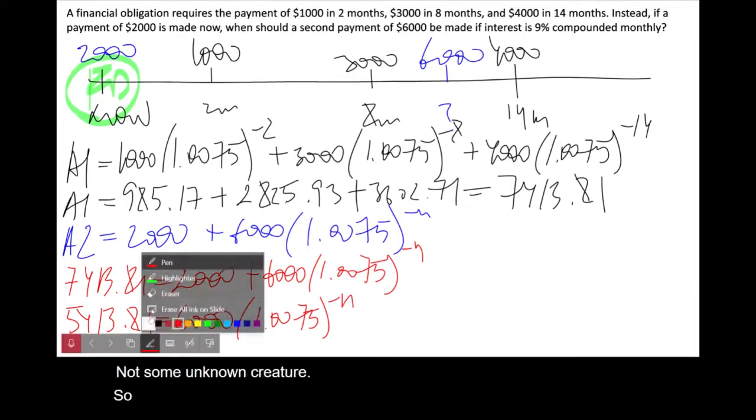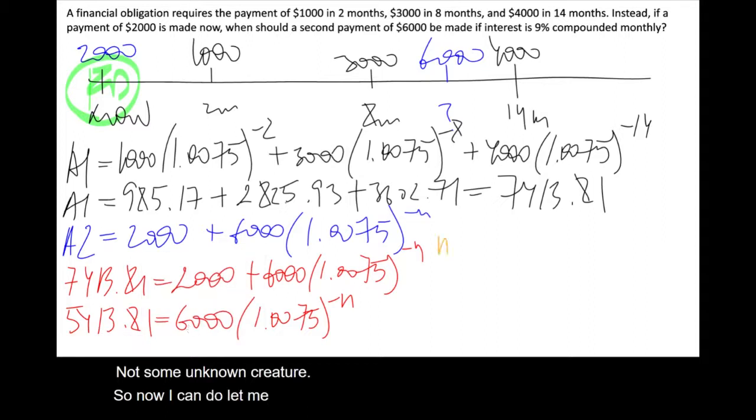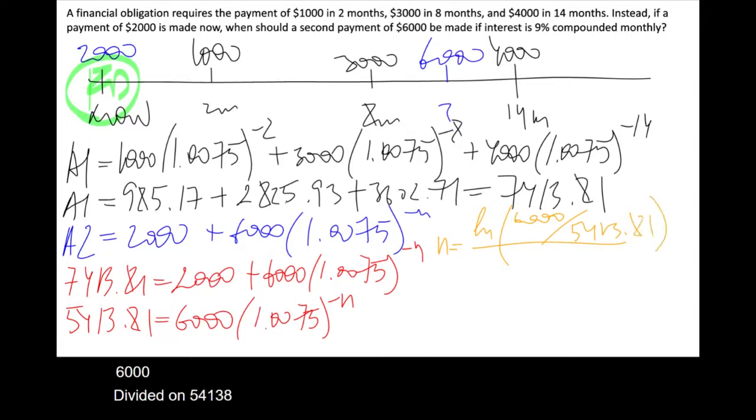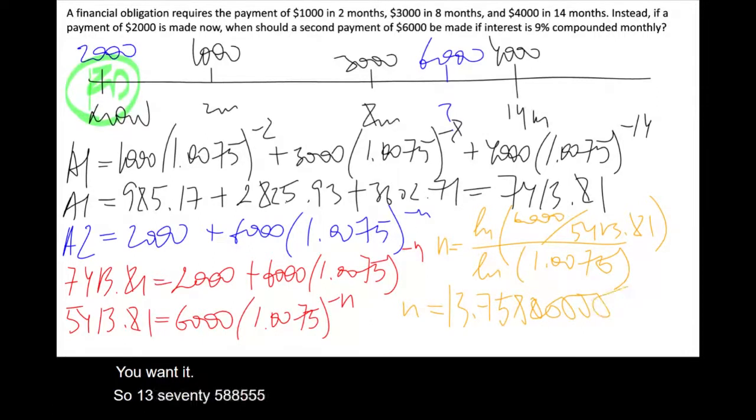So now I can do it. n is logarithm of 6,000 divided by 5413.81, over logarithm 1.0075. So n is, okay, next, times 6,000 logarithm divided, so 13.75885555.